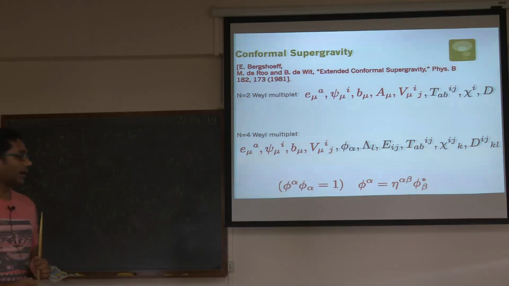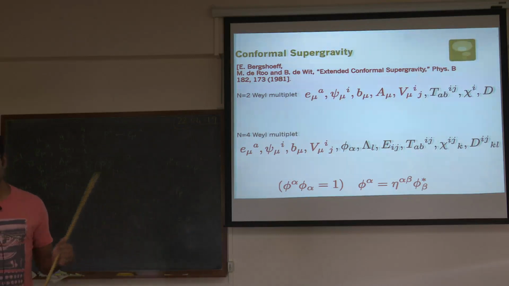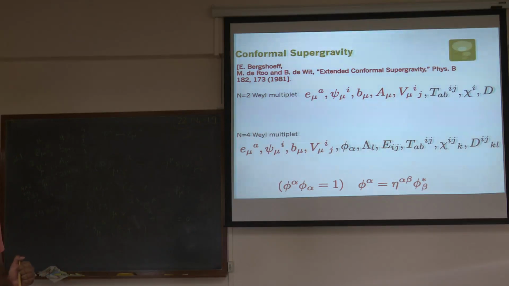But you know that when you go from conformal supergravity to Poincare supergravity, you need to gauge fix the special conformal transformation, the dilatation, and the SU2 and U1 R symmetry, and the special supersymmetry. So, the basic multiplet of Poincare supergravity will be 40 plus 40 components, which is 16 plus 16 more than what you have in the conformal supergravity Weyl multiplet.